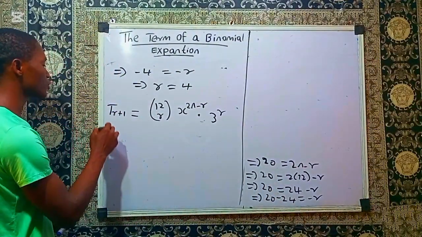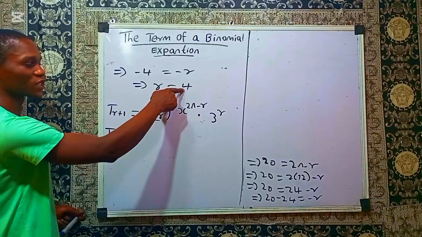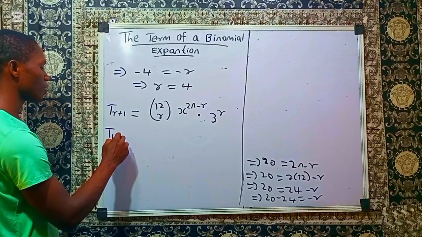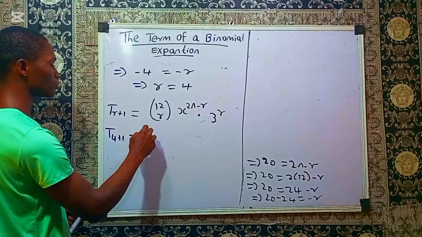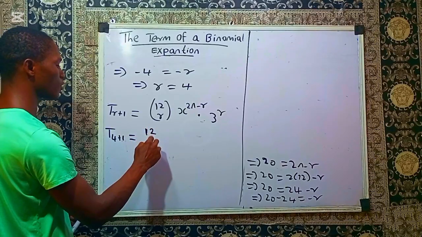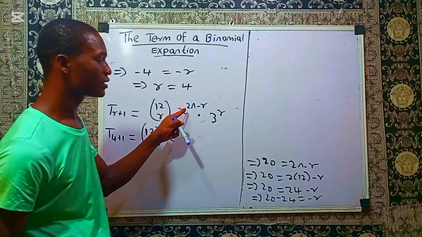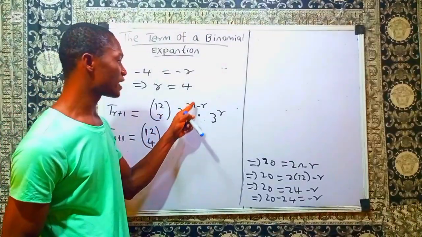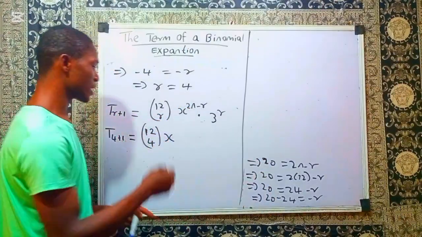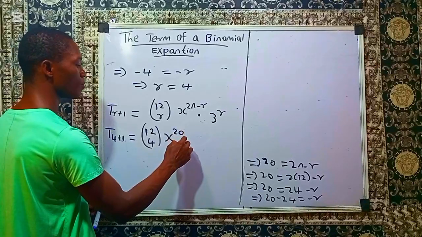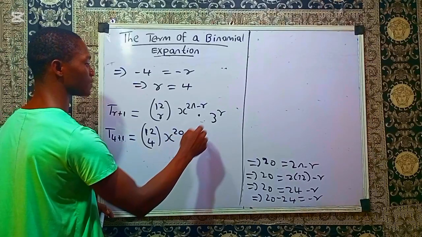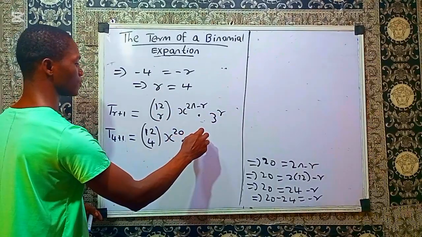So we are going to have t sub 4 plus 1, which is equal to 12 combination 4, then multiplying x raised to power, remember we equated 2n minus r to be 20. So x raised to power 20 multiplying by 3 raised to power 4.